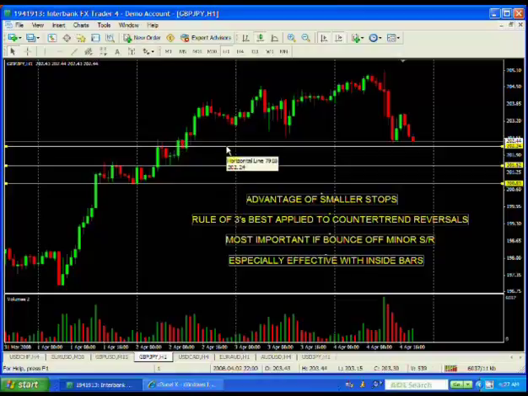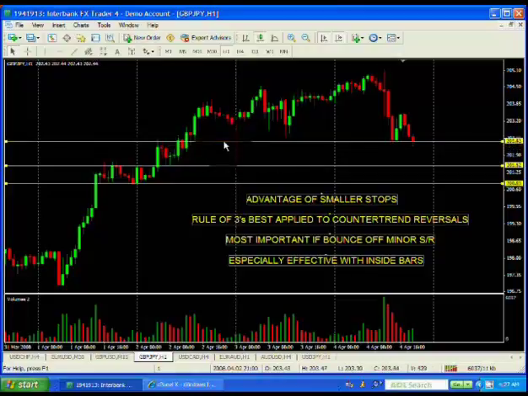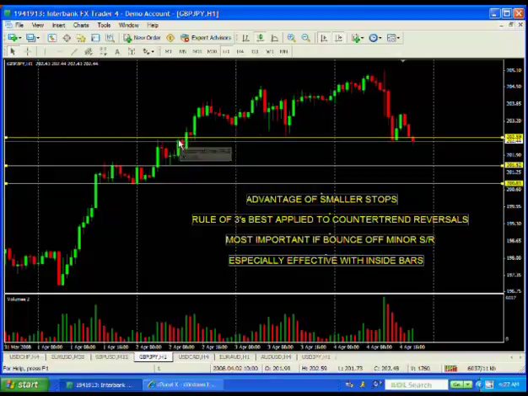And when we consider dynamic support and resistance, we're going to be looking at the high of this bar. Once we see this red bar form, we shift our dynamic resistance level to the high of this green bar.